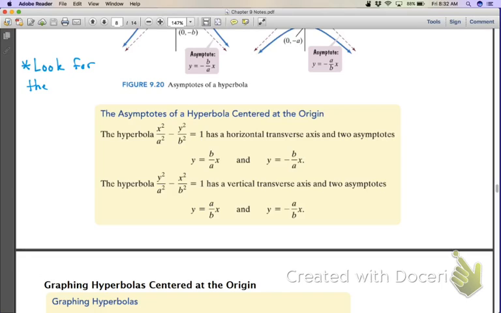Look for the number under your y value. Wherever that is, it will always be your numerator.